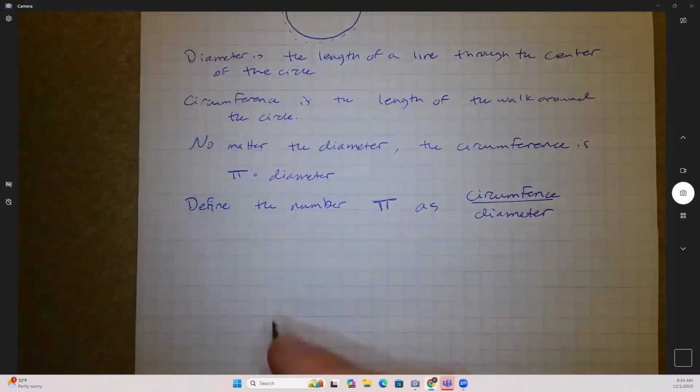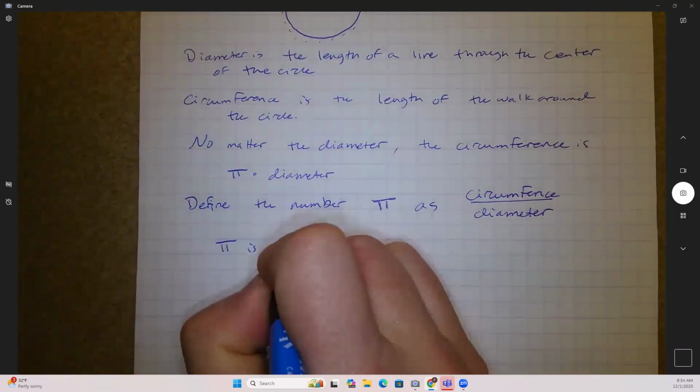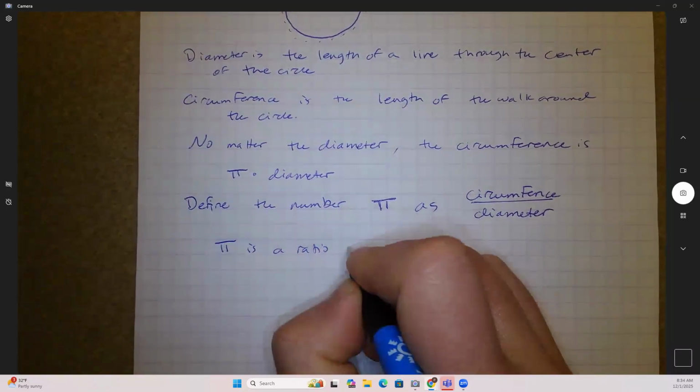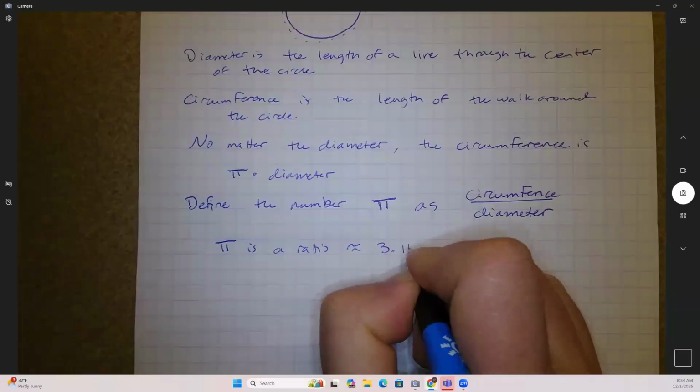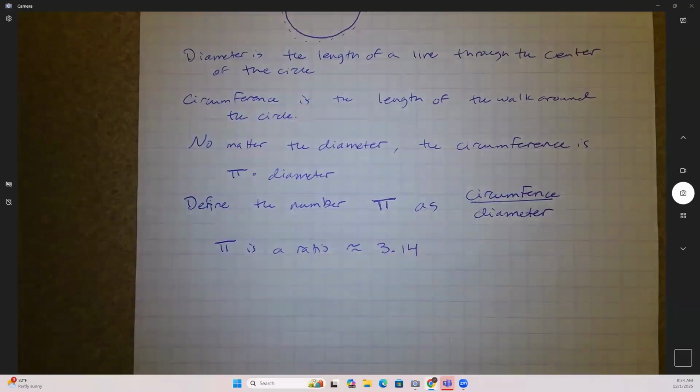So pi is a ratio, and it's about 3.14. But that number goes on forever, it never stops, it never repeats in any logical fashion.